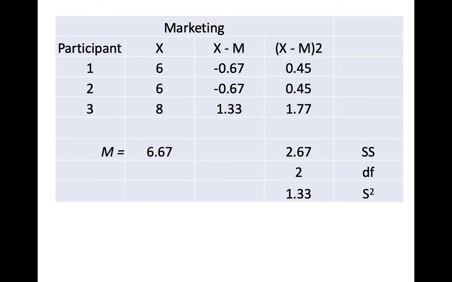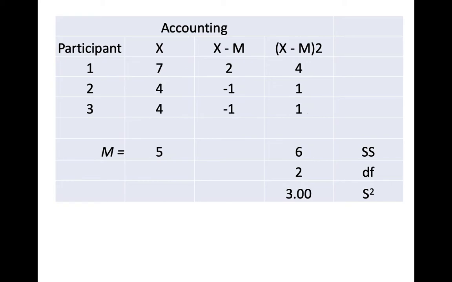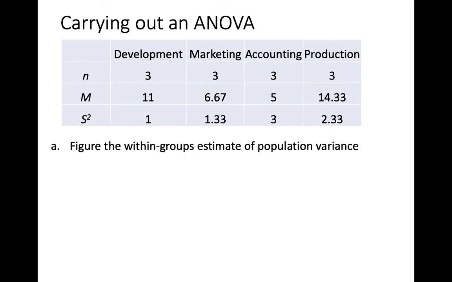We do that same thing for our 3 participants in the marketing department, the exact same approach, by calculating the mean and then figuring out the estimate of population variance by taking the sum of the squared deviations and dividing by degrees of freedom. I've just repeated this approach for accounting and production.